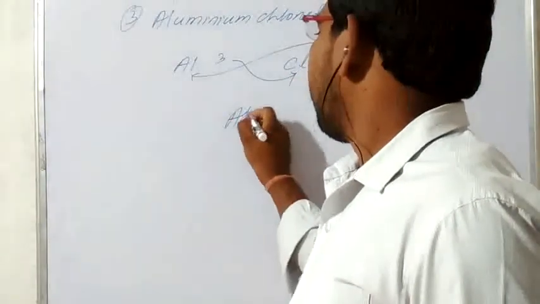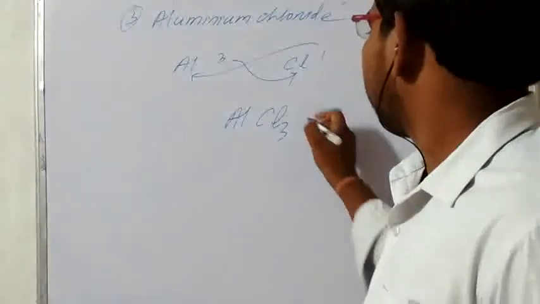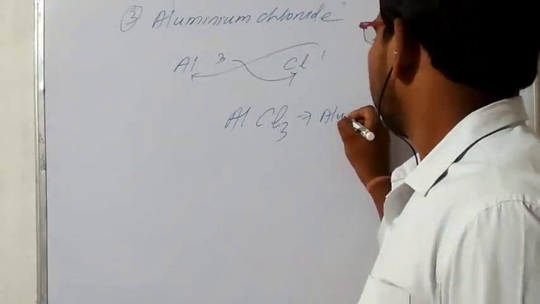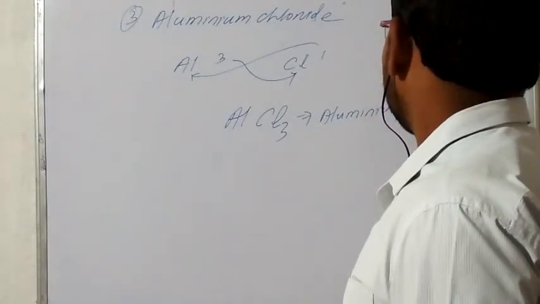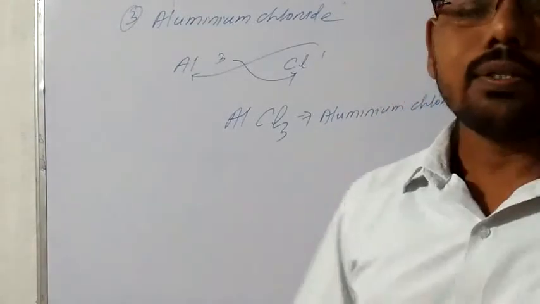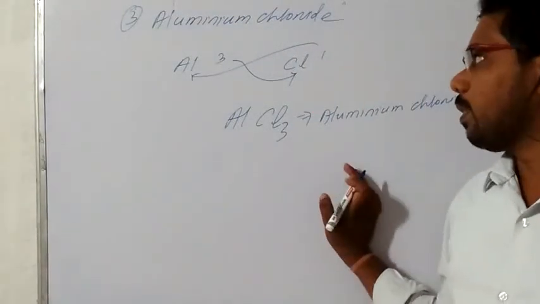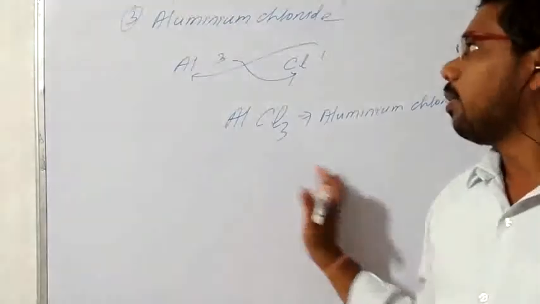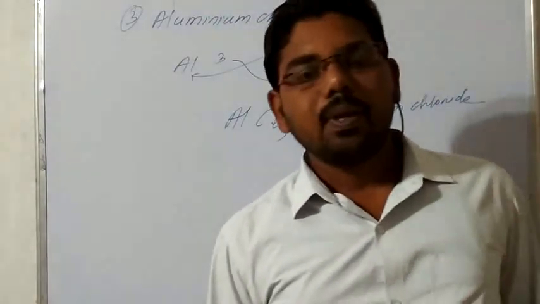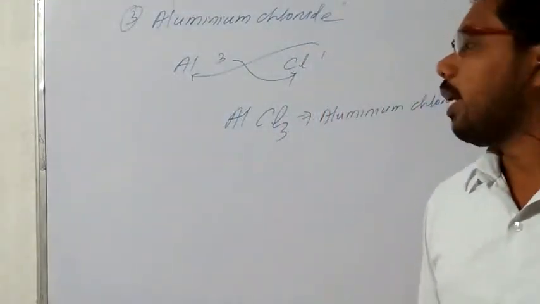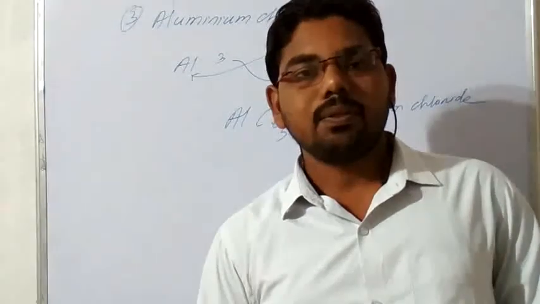So then the formula is AlCl3. Aluminum chloride. So all of you, like this, you have to practice how to write the compounds, and the first thing is the ions. Okay, their charge is the most important. Okay, so next class we will discuss more examples of this, how to write the compounds, and the next topic. Okay, so thank you all of you.